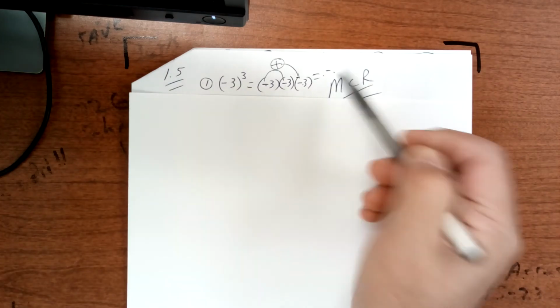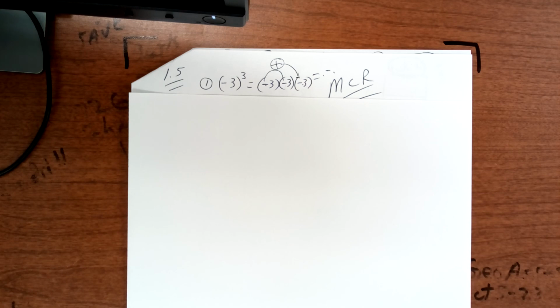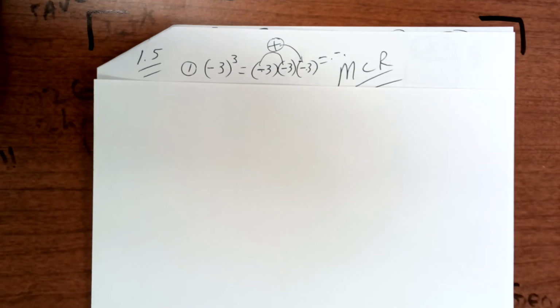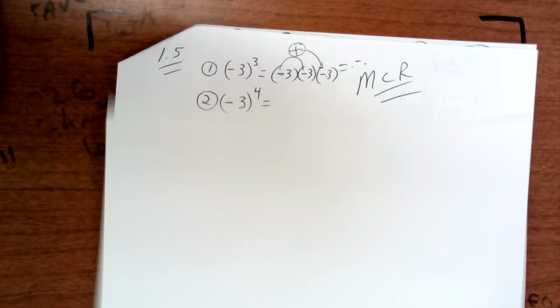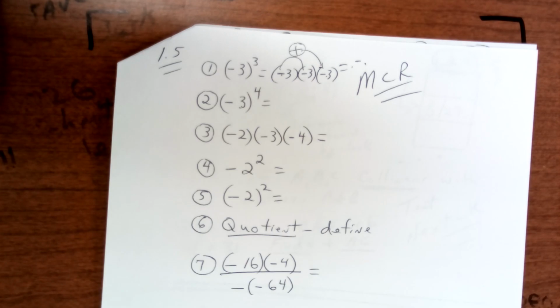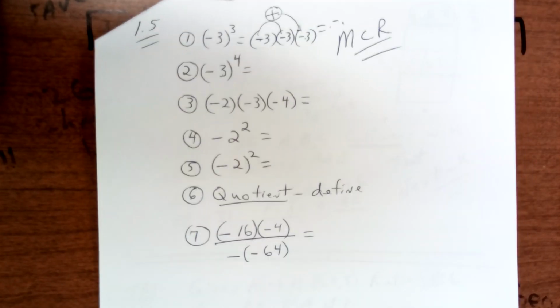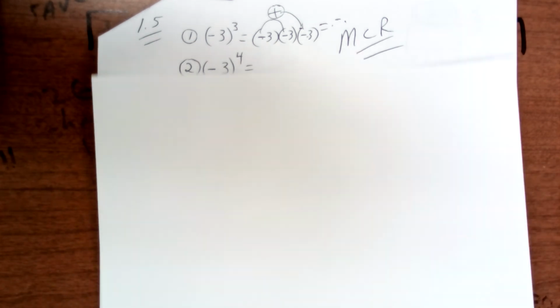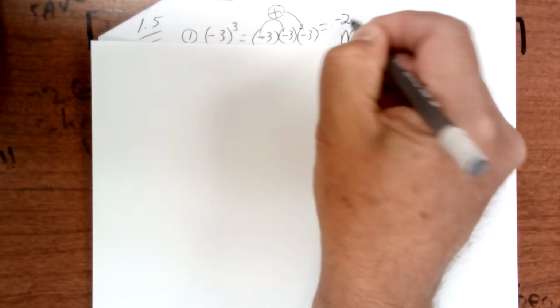So 3 times 3, let me make this a little bigger. Okay, so 3 times 3 is 9, and 9 times 3 is 27. So it's going to be a negative 27.